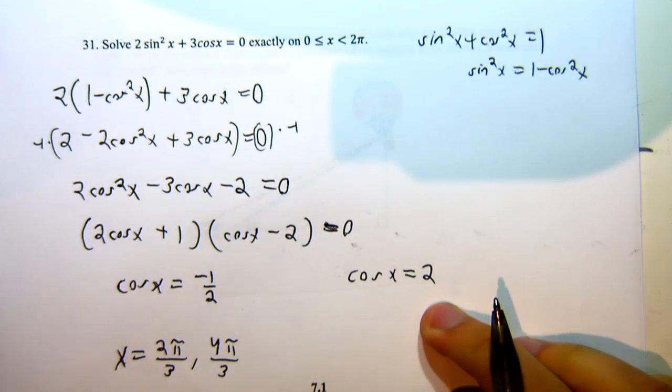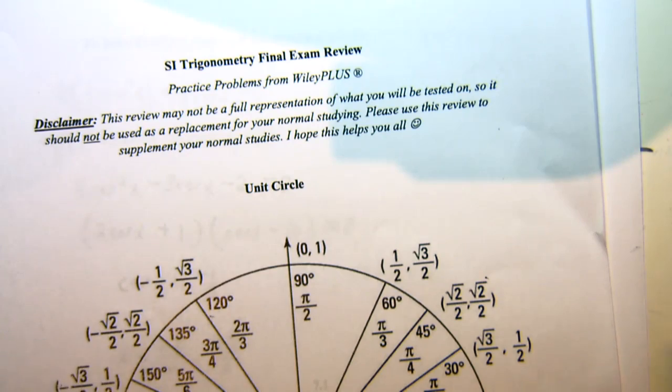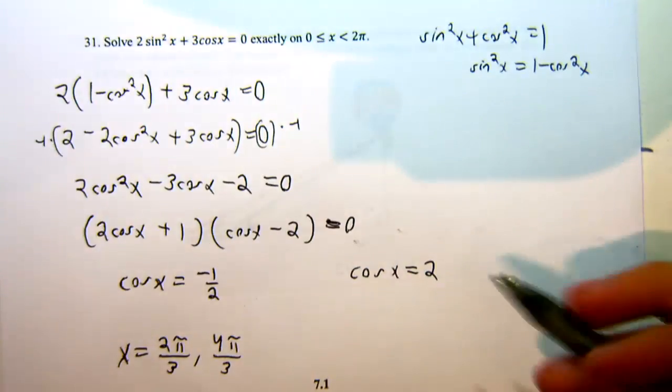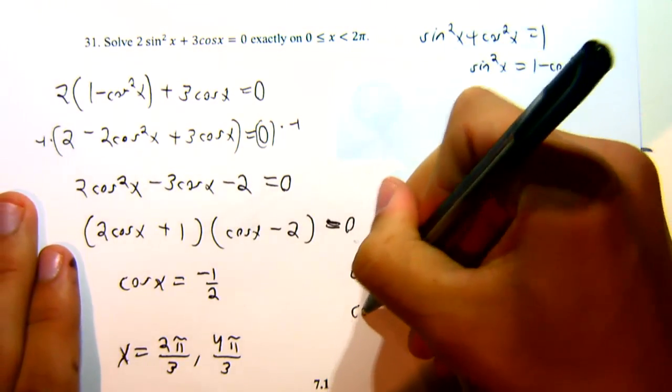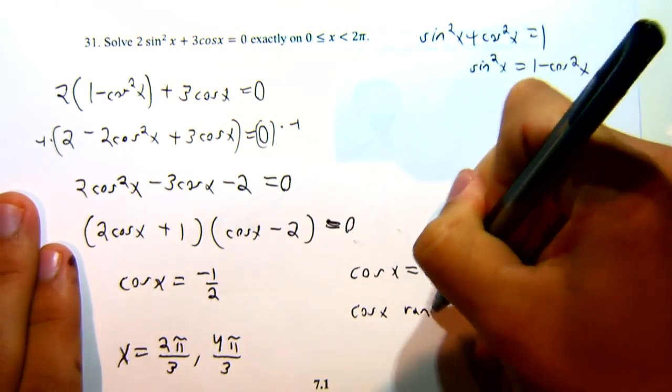Now 2, if you look at the unit circle, 2 is going to be outside of the range of cosine, because the range on our cosine is negative 1 to 1.